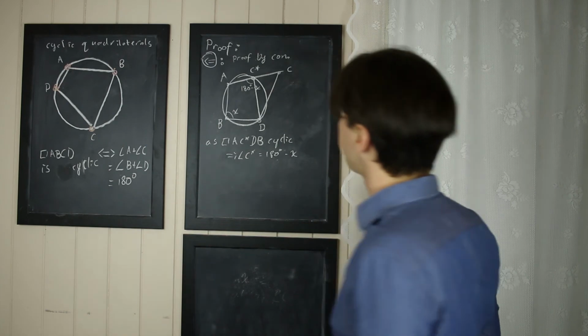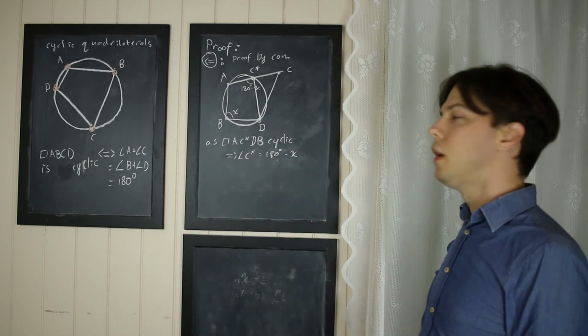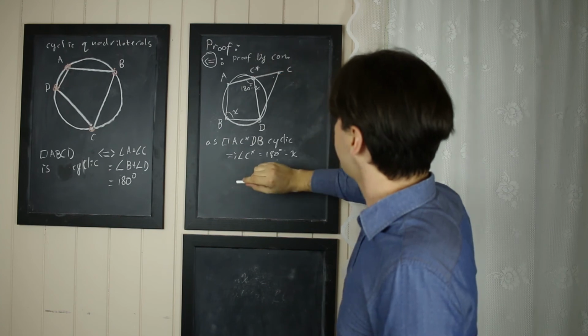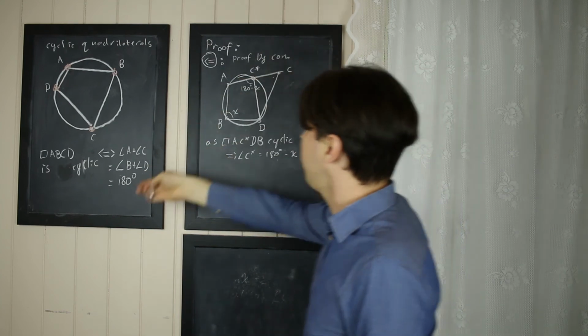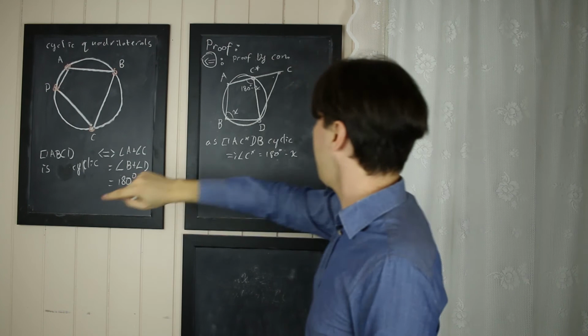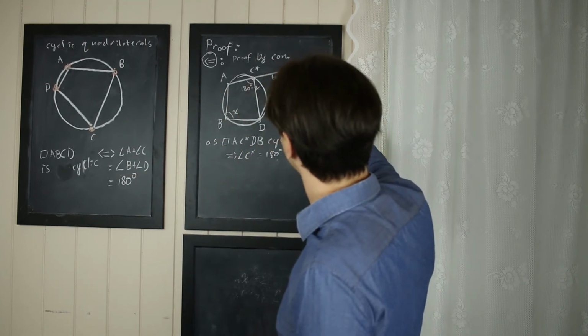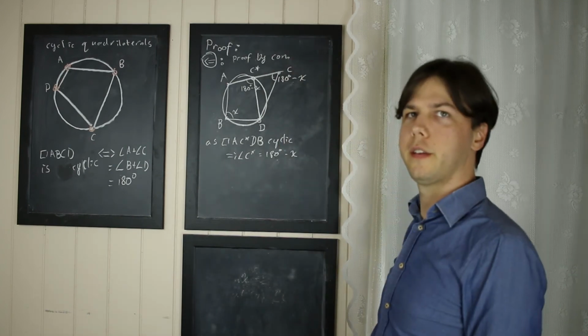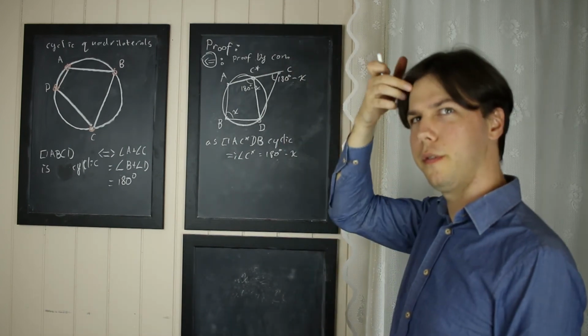Okay, but then we also have that this is an opposite angle supplementary quadrilateral, and so this has to be 180 minus x as well by definition in our proof.